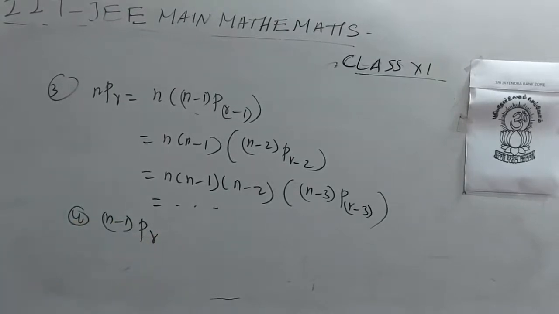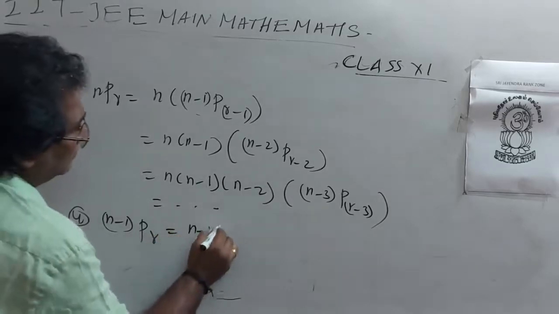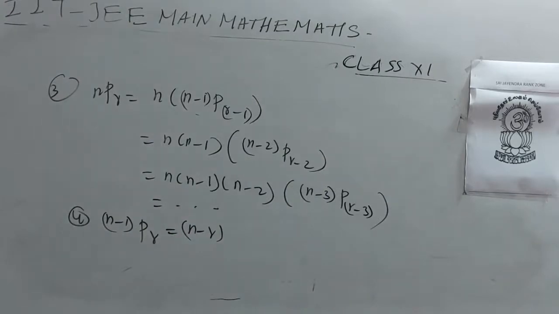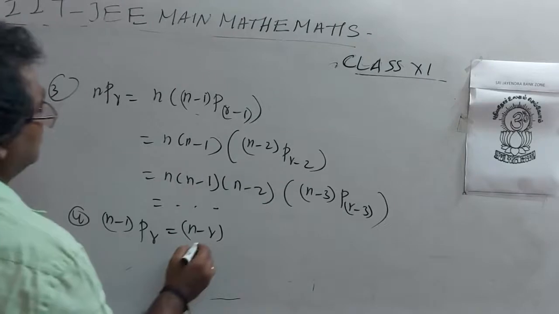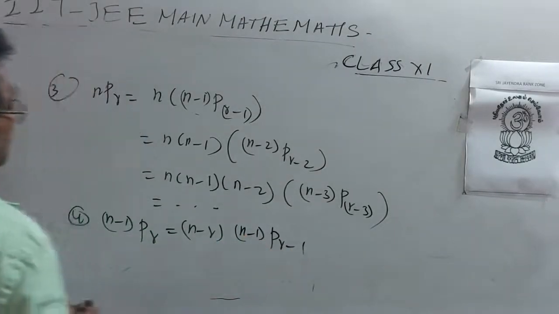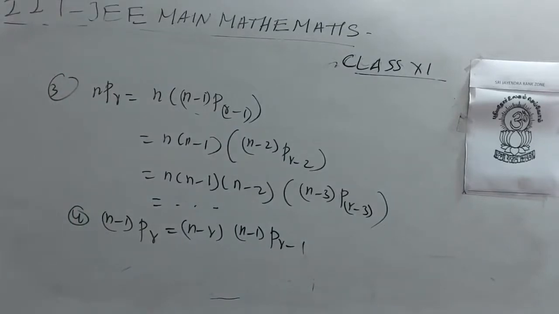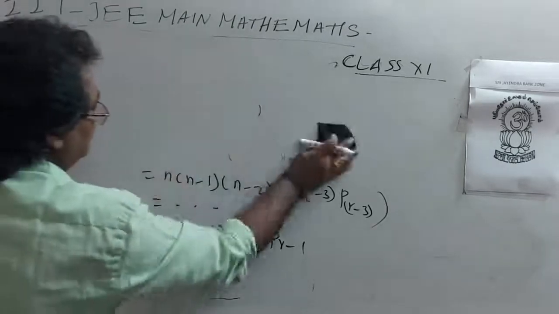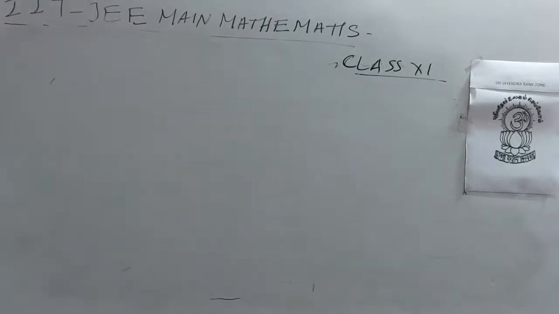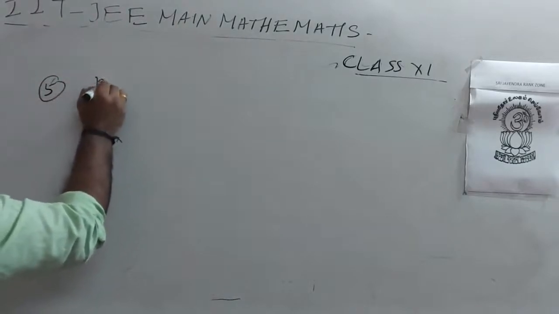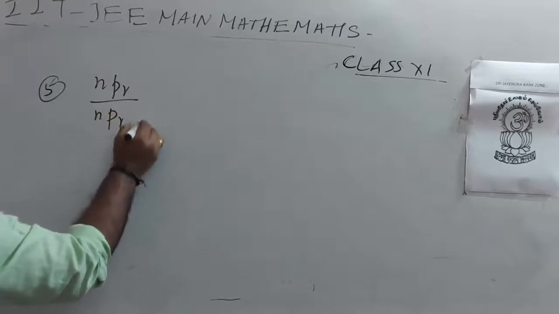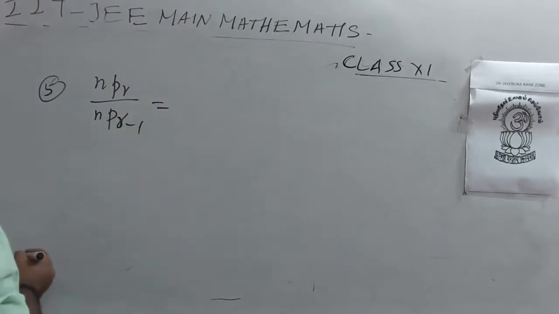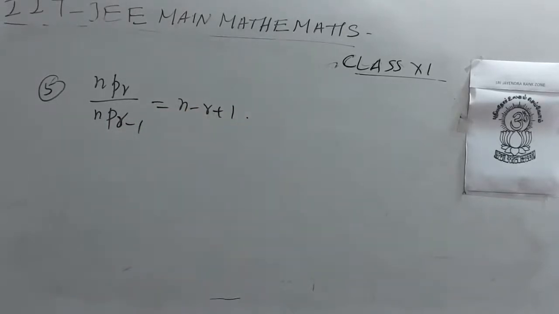Also (n minus 1)Pr equals (n minus r) into (n minus 1)P(r minus 1), so nPr divided by nP(r minus 1) equals n minus r plus 1.